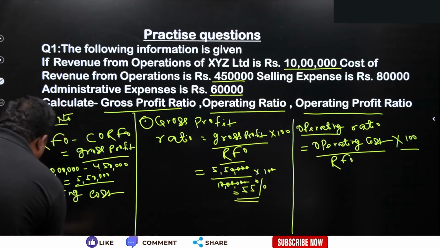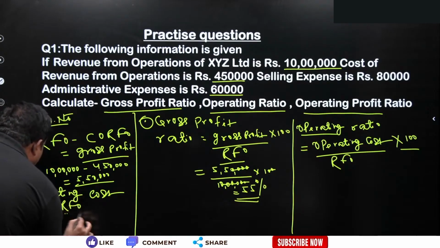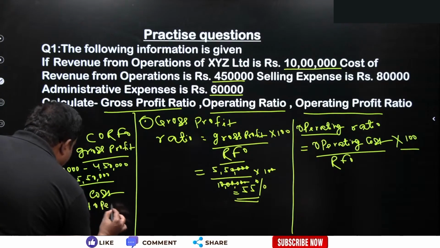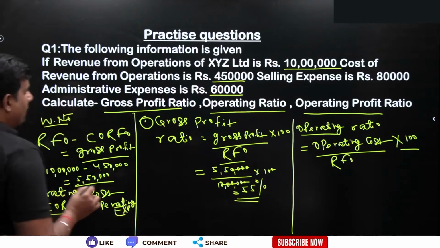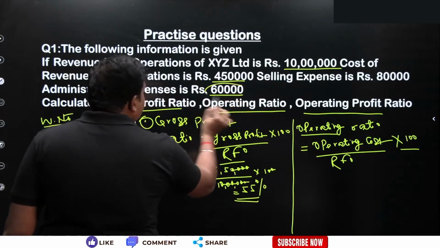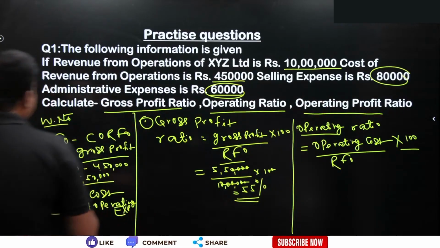So the operating cost formula is cost of revenue from operation, I have written CORFO, plus operating expenses. When I say operating expenses, it is the sum total of office and administrative expenses, which is given as 60,000, and selling and distribution expenses, which is given as 80,000. So let's find out this.